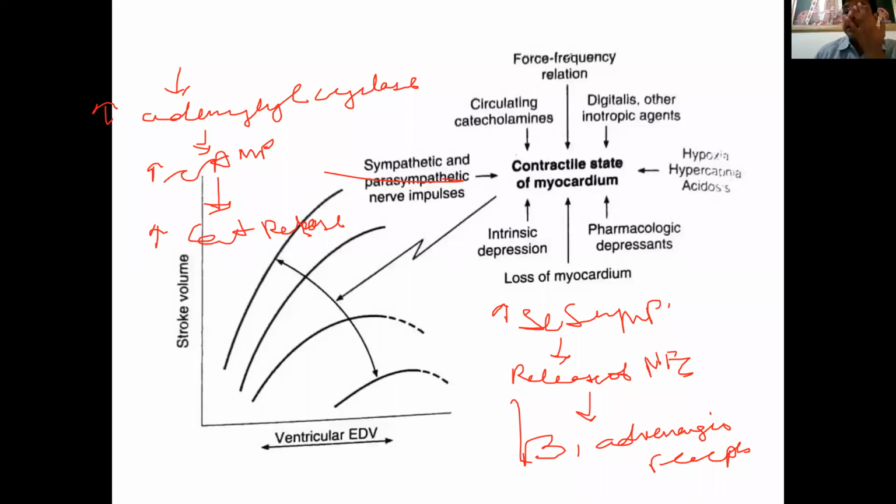Force frequency relationship, also called the Bowditch phenomenon. If the heart rate increases, the force of contraction increases up to 180 beats per minute. And this is because of an effect called the beneficial effect. And what is the cause for the beneficial effect, Sri Kirti?